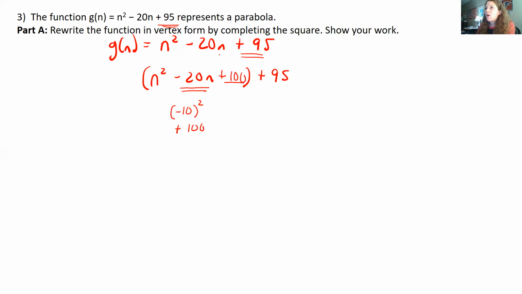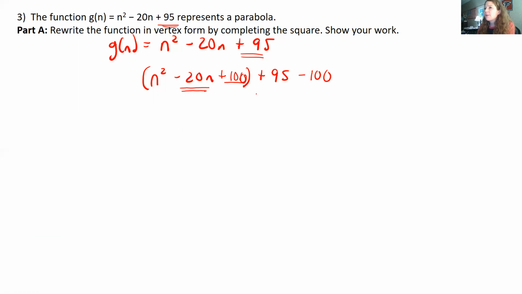And in order to make all of this equivalent, if you add 100 over here, we have to subtract 100 over here. So these are the steps. I made a video about all this. So if you don't know how to write a function in vertex form, you need to go back and find that lesson in Florida Virtual and watch my video, because I give you a couple of different examples on that, okay?